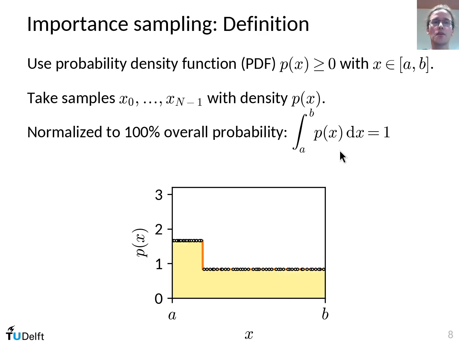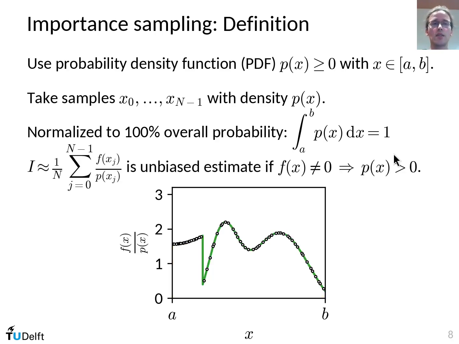And of course, the probability that a sample is anywhere in our domain is 100%. So that also gives us a normalization constraint for our densities: if we integrate them over their entire domain, the integral has to be exactly 1.